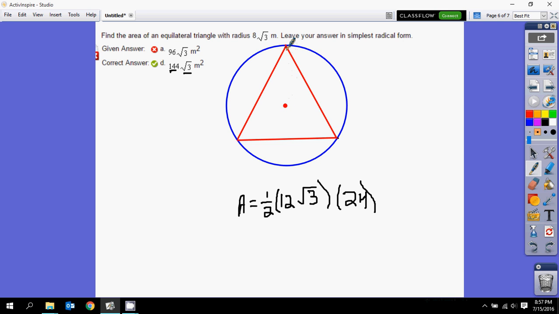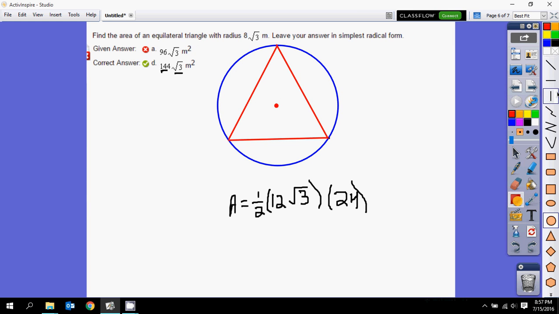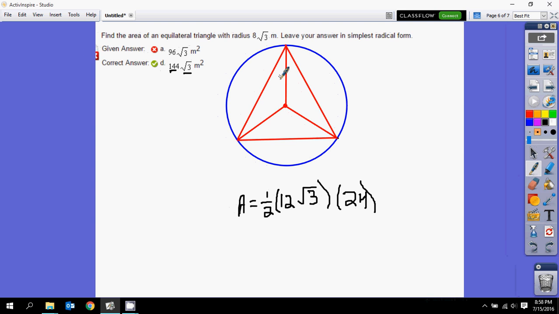Let's undo that. Let's use the line tool. Okay. So that's this little piece. That's 8 root 3. Now what I'm going to do is, I know that's the same as this radius, because all radii are the same, and this one as well. So I've got an 8 root 3 here.